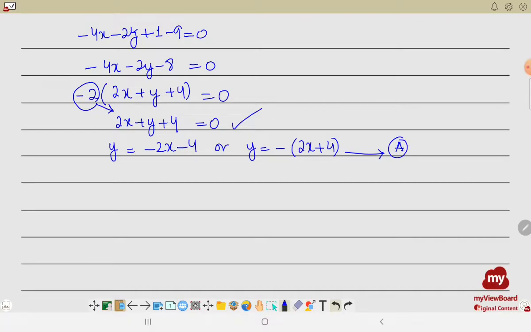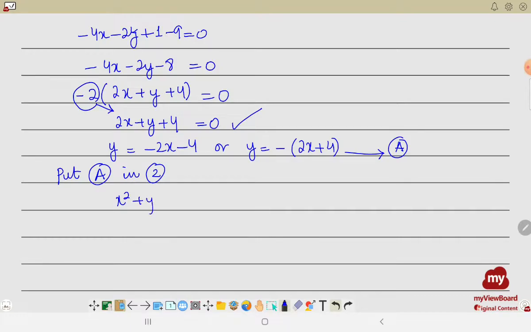Now we'll insert the value of y from this linear equation in any of the given equations number 1 and 2. So let's put A in 2. Let me write down the equation number 2 first, so that it will be easy for you to insert the values.